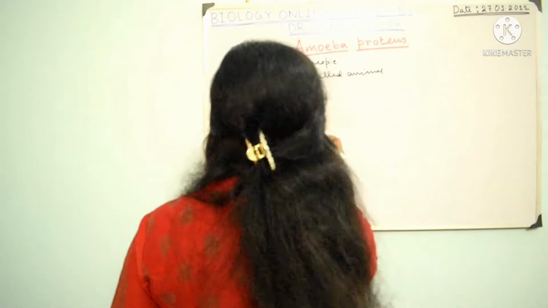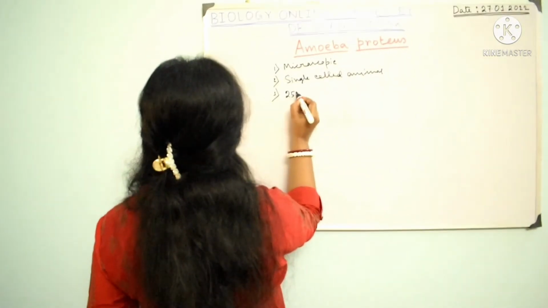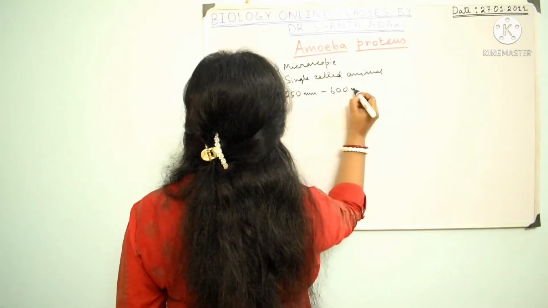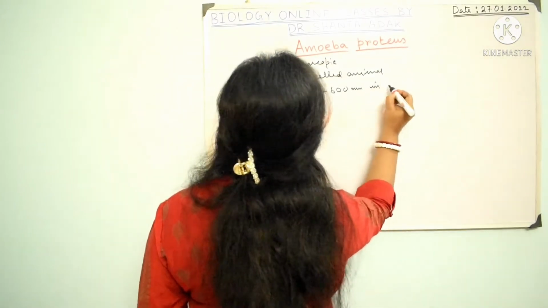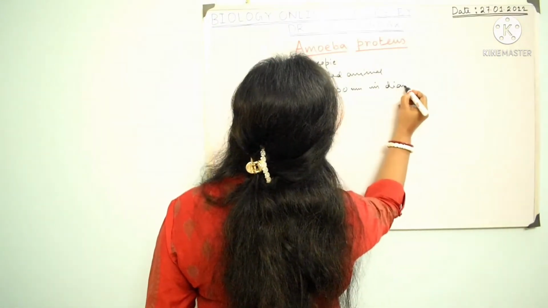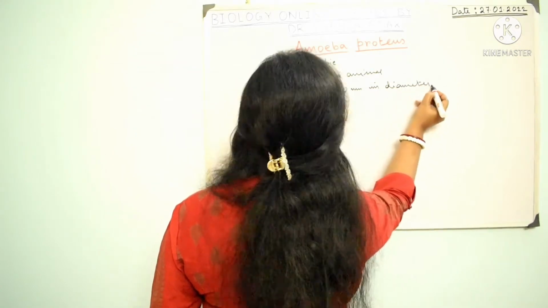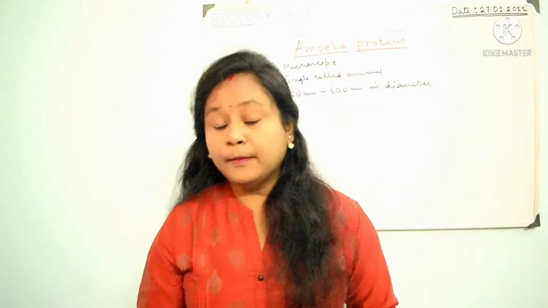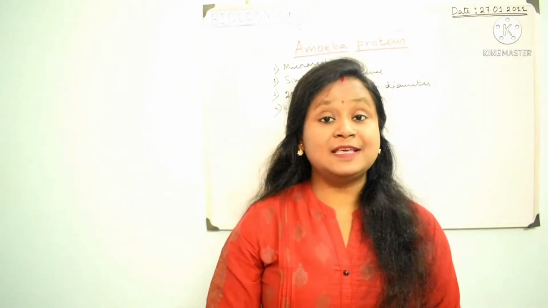Point number 3: 250 to 600 micrometres in diameter. Point number 4: an irregular translucent mass of living animal, like jelly.